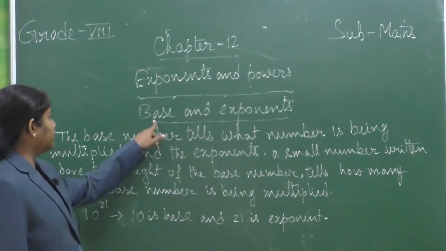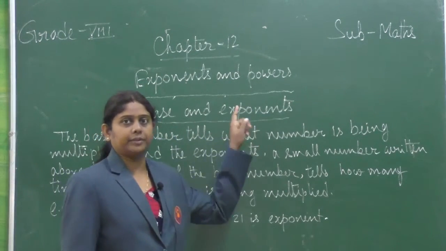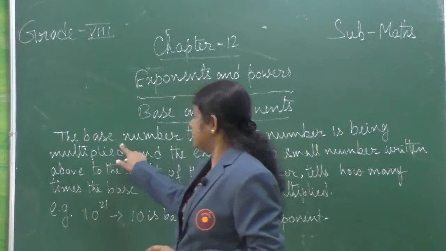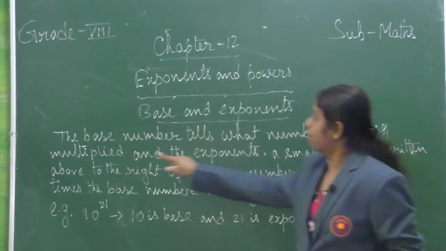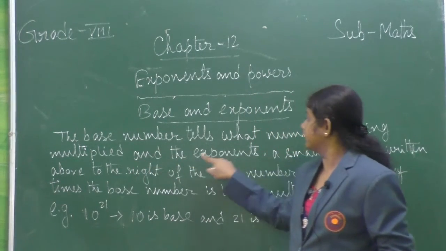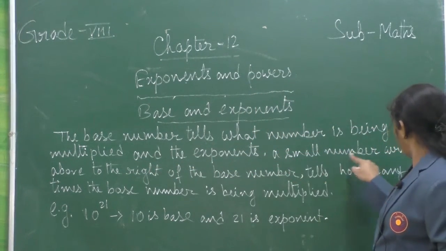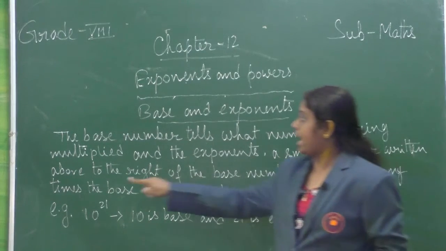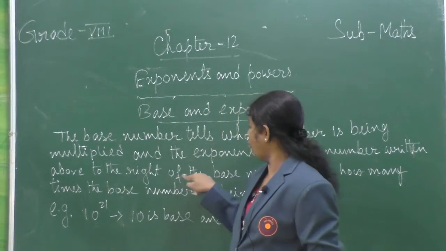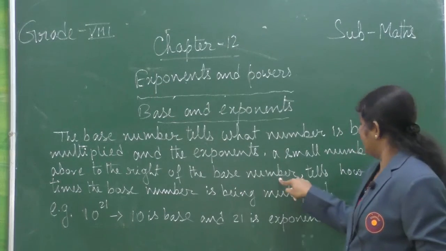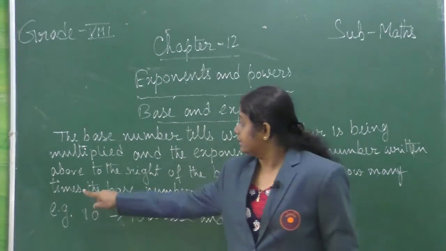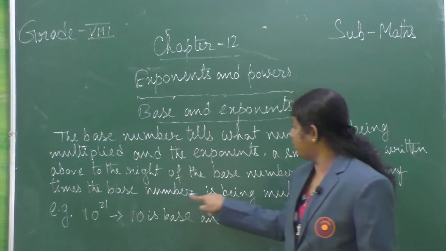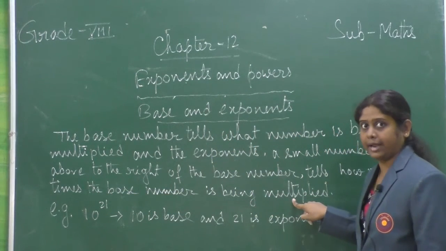First topic is base and exponent. The base number tells what number is being multiplied, and the exponent, a small number written above to the right of the base number, tells how many times the base number is being multiplied.